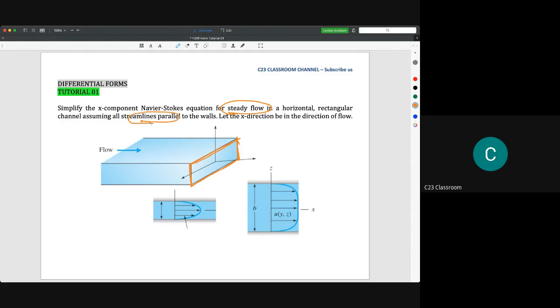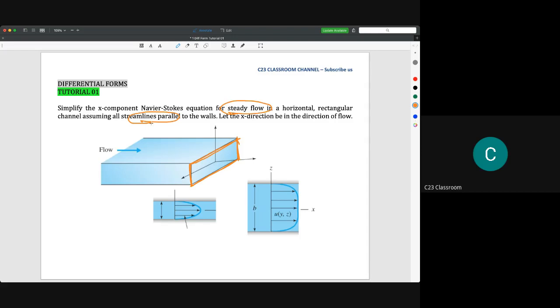I hope you understand what a streamline is, because in Fluid Mechanics 1, in the introduction of the Bernoulli equation and fluid dynamics, your previous lecturer already discussed streamlines, steady flow, unsteady flow, uniform flow, non-uniform flow, and so on and so forth.